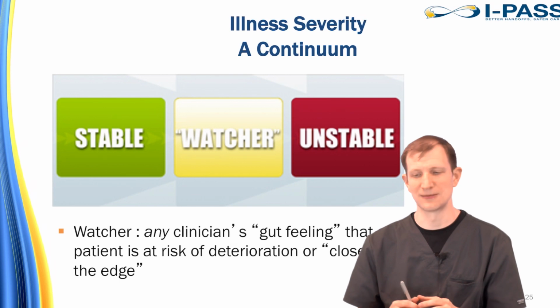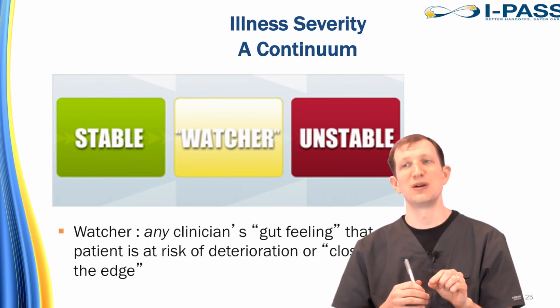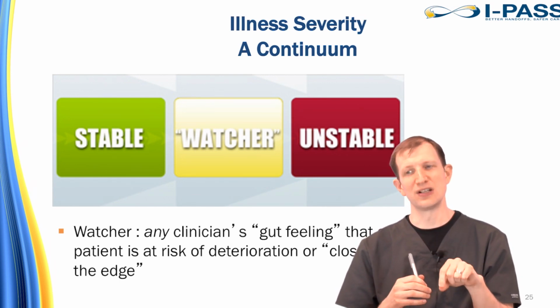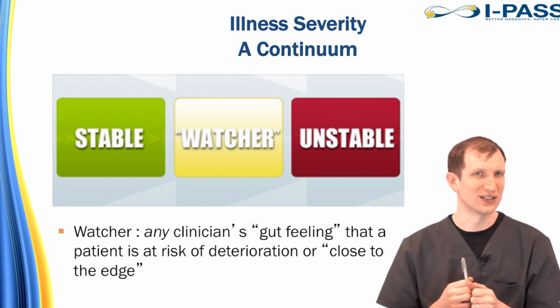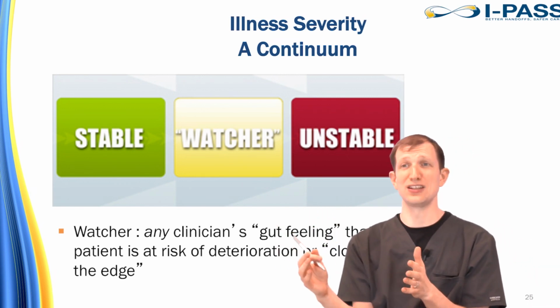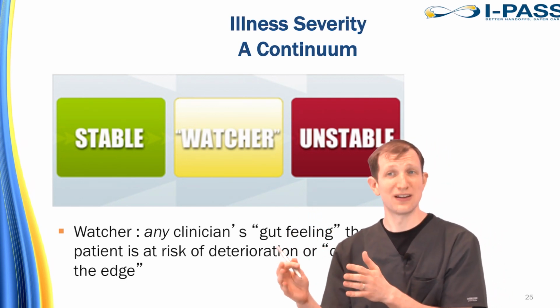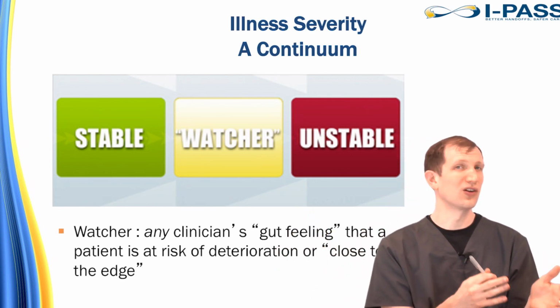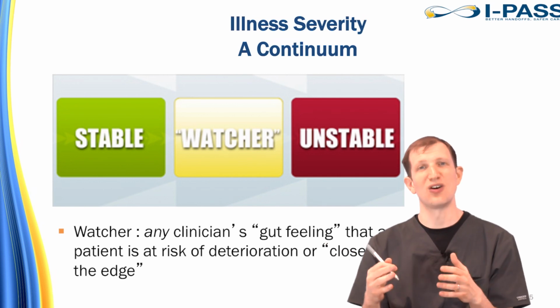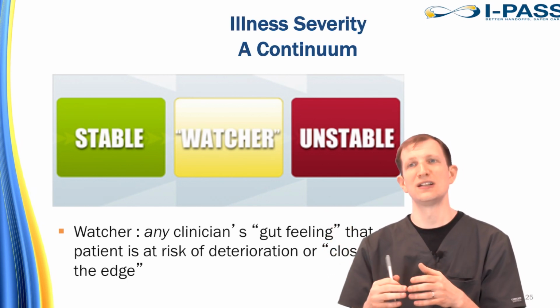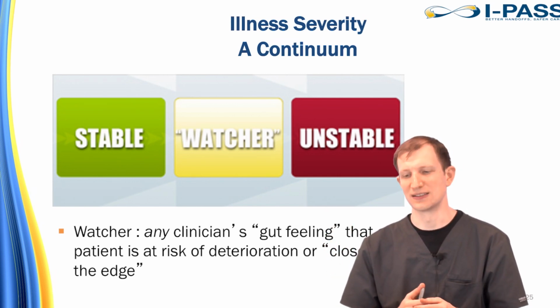They're really sick. Now, also remember that this is going to be very different depending on what service you're on. If you're in the ICU, a stable patient is going to look very different than a stable patient on the floor. So it depends on what rotation you're on, but that's the general guidance.